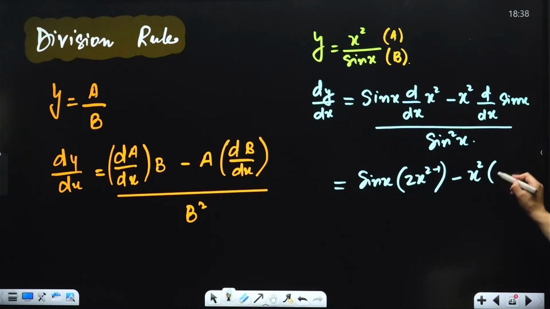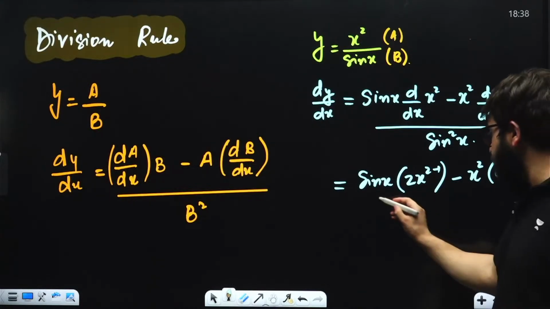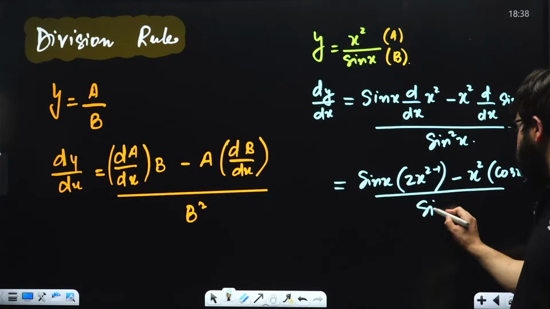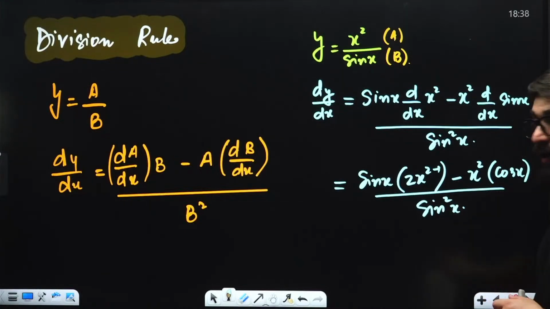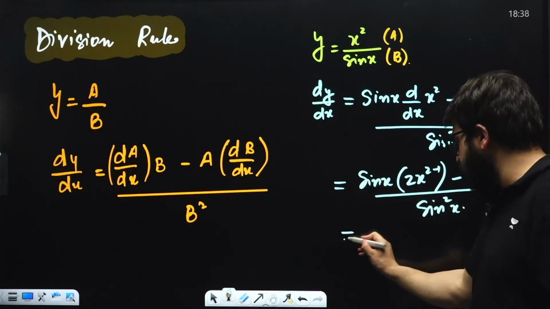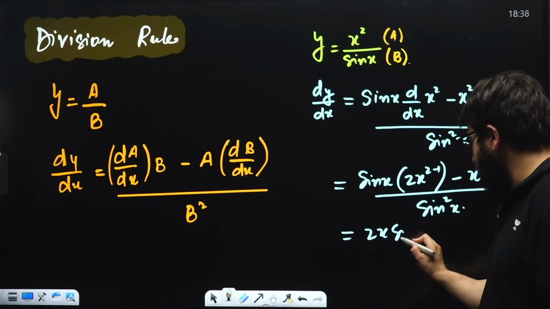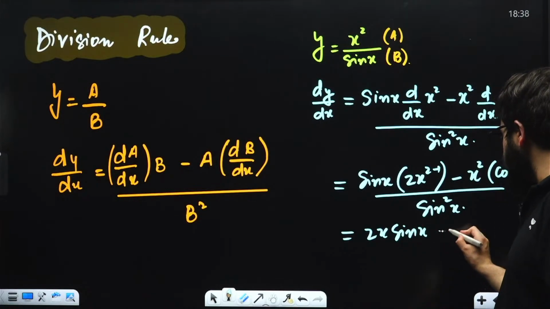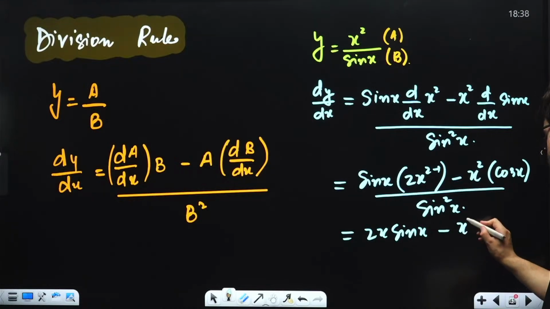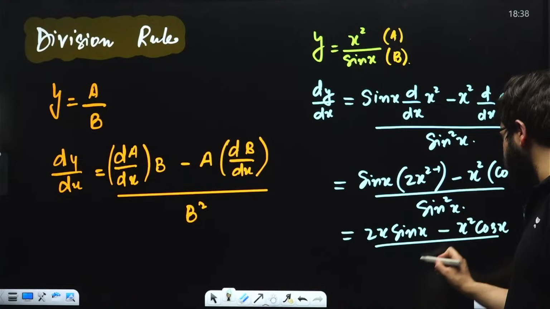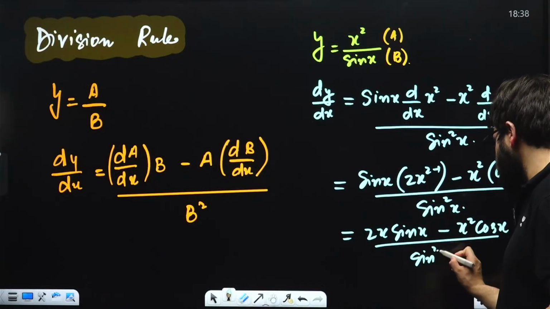Then differentiation of sine x is cos of x. And then we write over here, this is sine square of x. Now this 2x we take over there. So this is 2x sine of x minus x square cos of x, and whole divided by sine square of x.